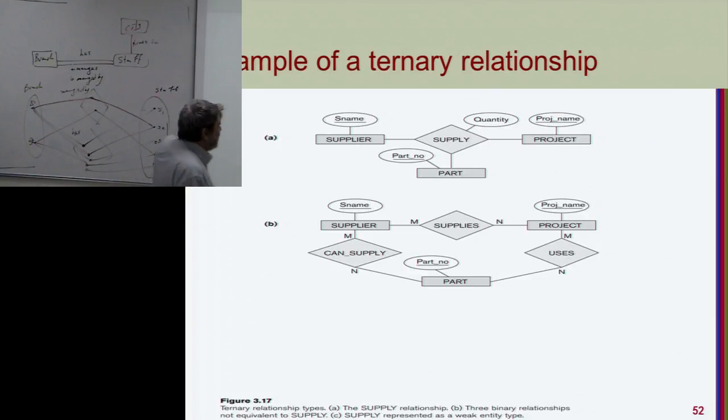We have the supplier who supplies these parts to that project. Of course, the relationship here may be 1 to 1 or 1 to many. It doesn't matter. So we say that each supplier supplies those parts to this specific project, for example.